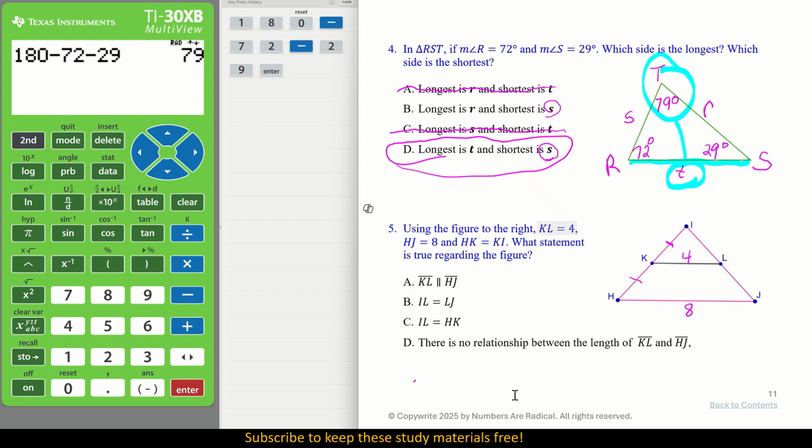Okay. All right, here's the thing about this figure. Here's what's going on with this figure. You would be very tempted to say or invoke that they're parallel. That would be these two lines or segments, the KL and the HJ.